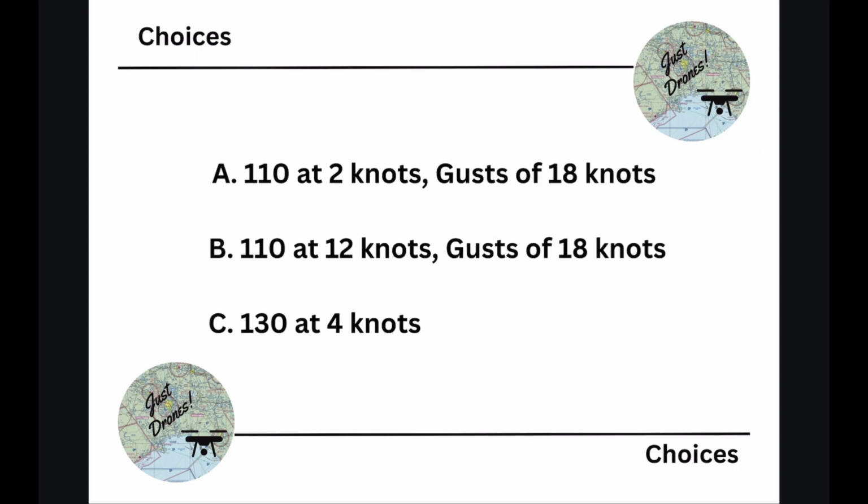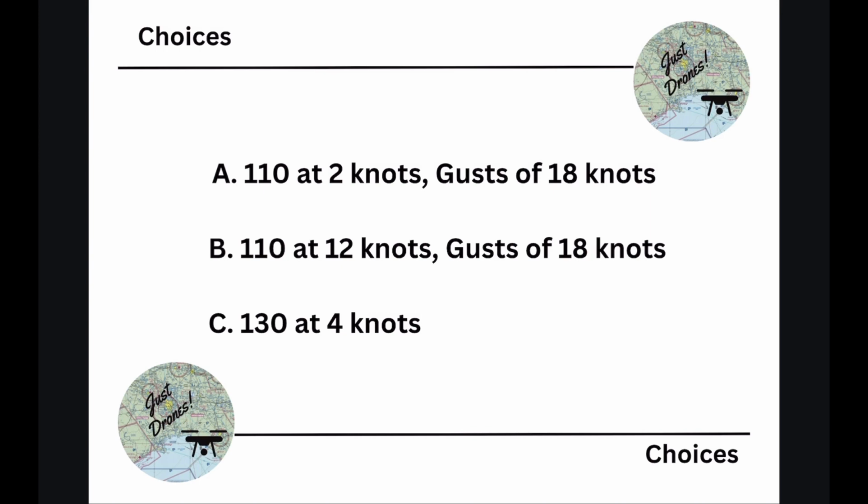That's very important too. Always look at your answer choices, kind of get an idea to know what you're working with. So we have A, 110 at 2 knots, gusts of 18 knots. We have B, 110 at 12 knots, gusts of 18 knots. And we have C, 130 at 4 knots.